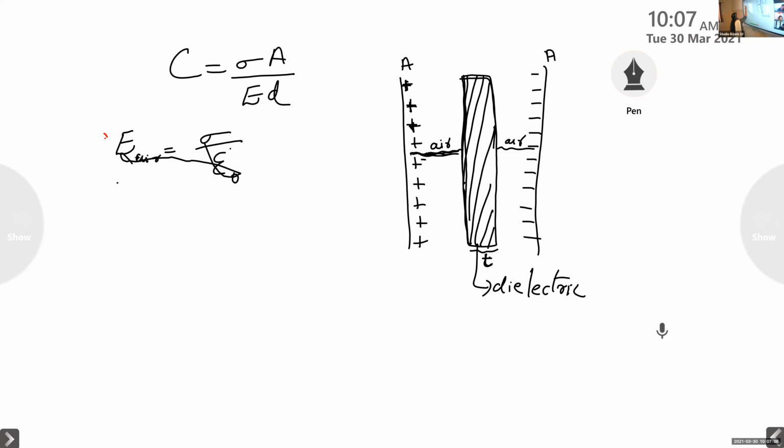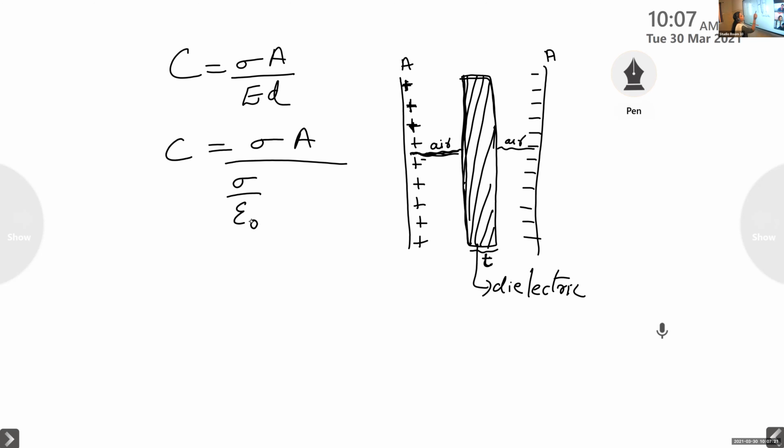So the expression for capacitance becomes C is equal to sigma A divided by electric field, here sigma by epsilon 0, into the distance of separation between the capacitor plates through the air. So here air is the medium.